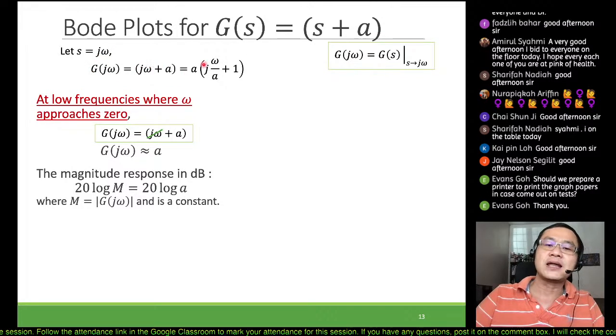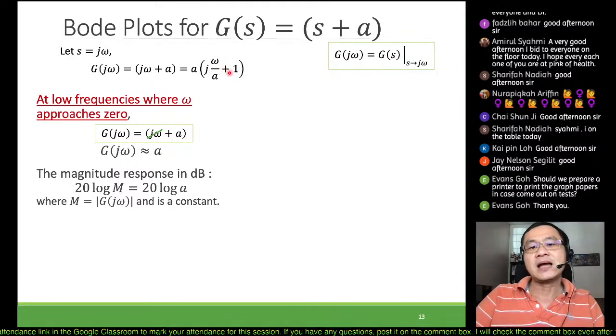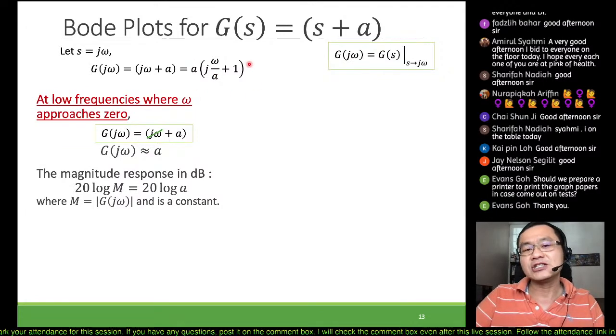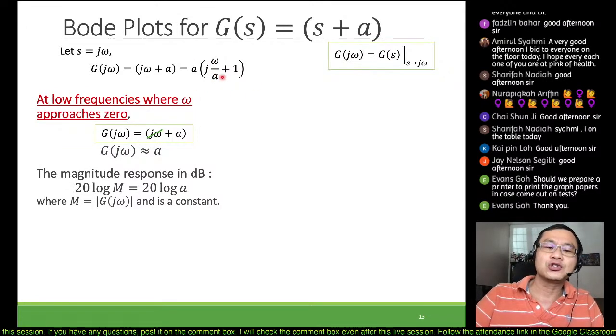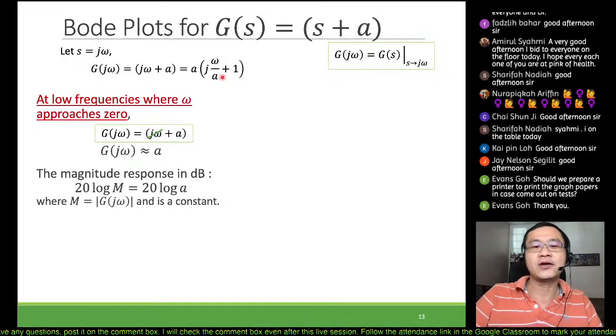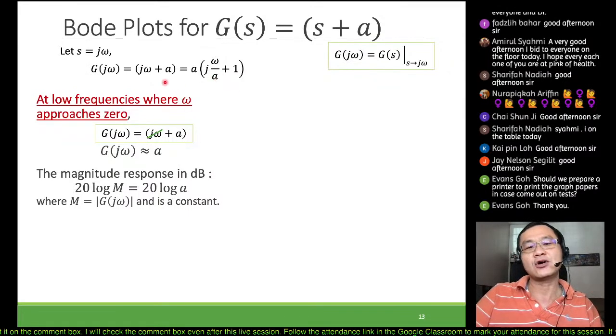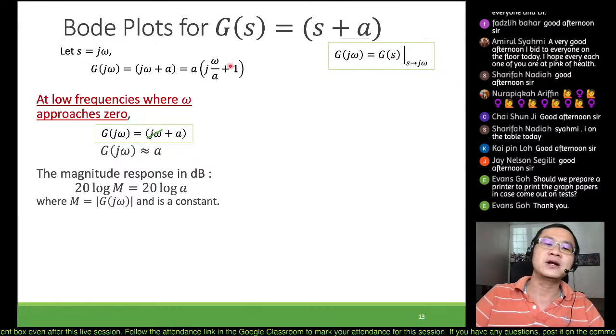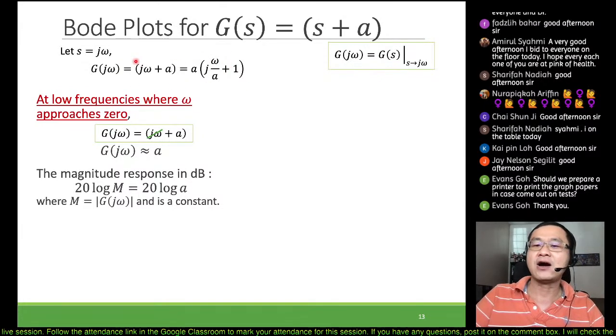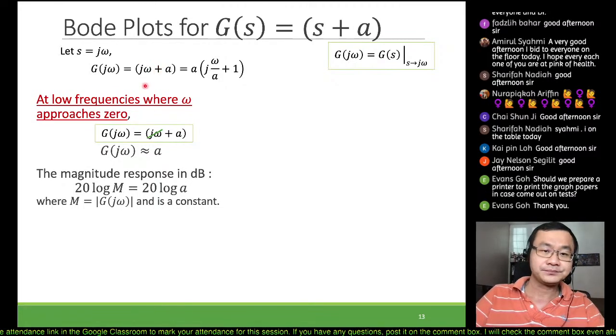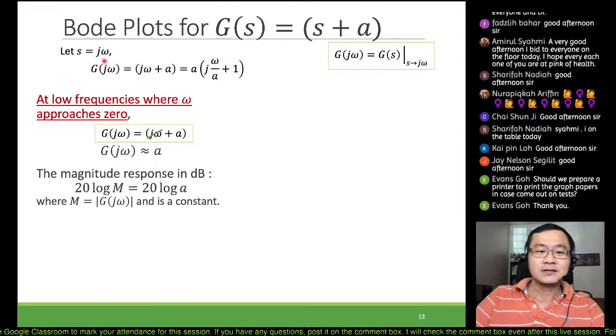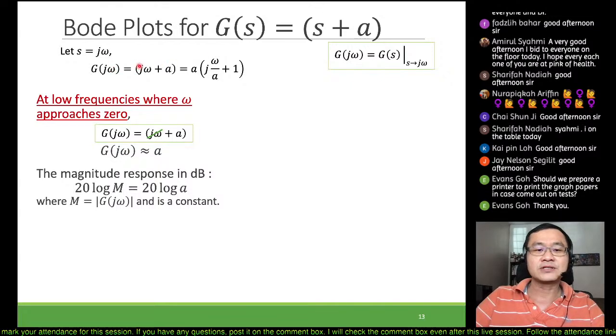We can take the a outside, which we call normalization. We say this is the normalized form, which we will go through later. The s we just substitute with j omega, so j omega plus a, right?